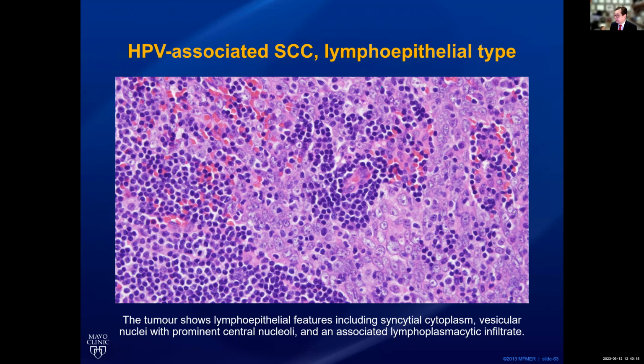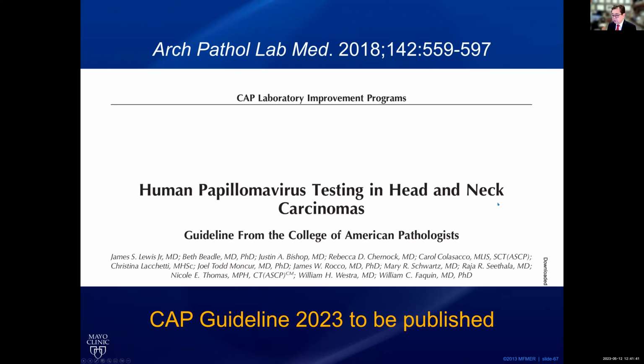And we mentioned that in 2018 the CAP published the guideline. And as we know, one of the major responsibilities of the College of American Pathologists is to help organize experts to be responsible for guidelines when new technology or new biomarkers emerge. And this is one of the things we have done. And I'm sure these efforts will benefit all the pathologists and even the patients all over the world.